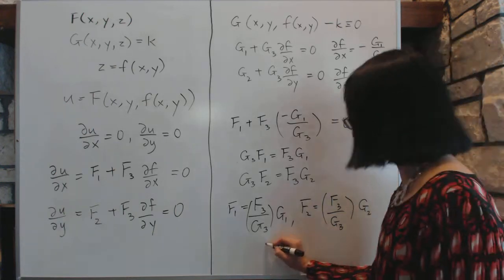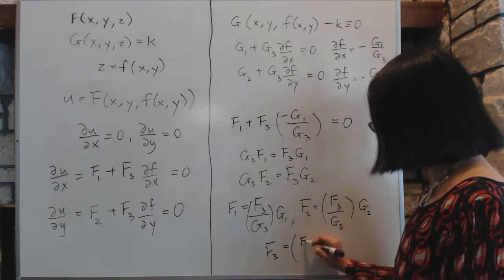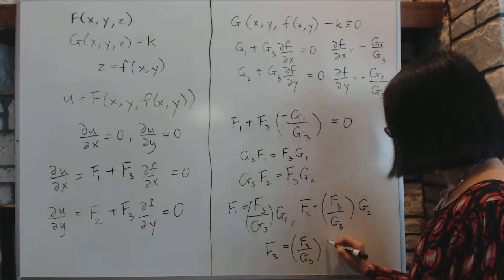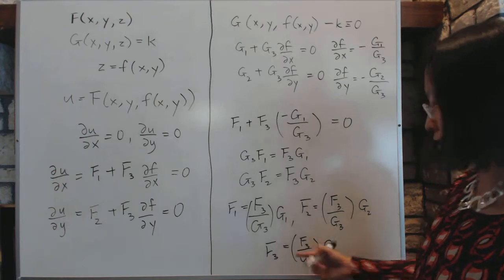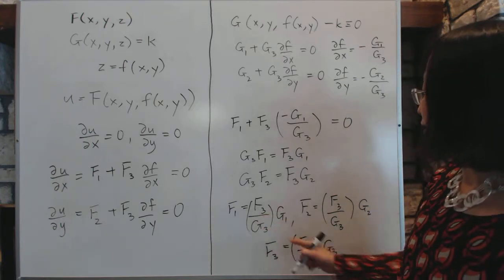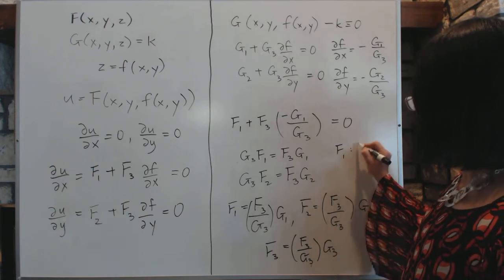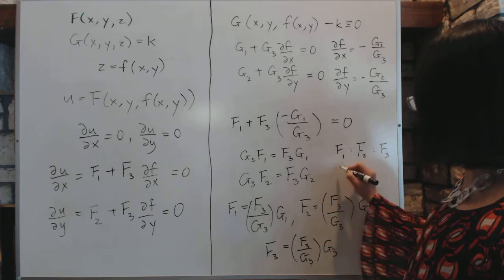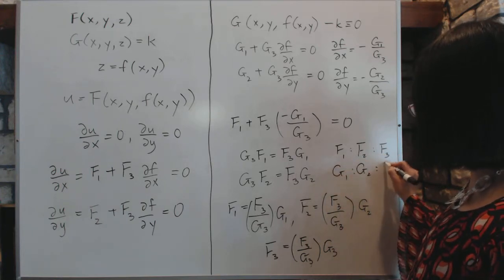And of course, f3 equals f3 divided by g3 times g3, because that's just how it is. So in other words, the ratios f1, f2, and f3 are proportional to the ratios g1, g2, and g3.